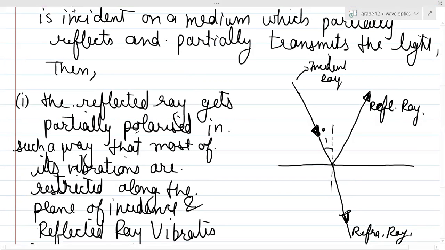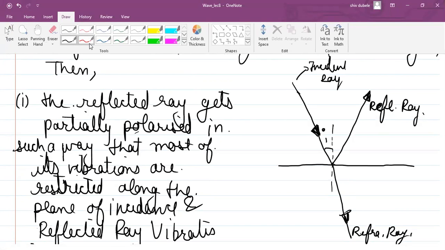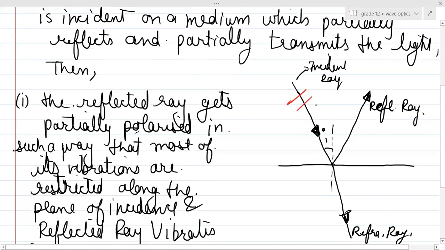So it was discovered that whenever an unpolarized light is incident, can you see an unpolarized light? The arrows are also here, and the dots are also here. This is an ordinary light which is incident. Then what happens to the reflected ray? This reflected ray gets partially polarized in such a way that its plane of vibration is perpendicular to the plane of incidence.